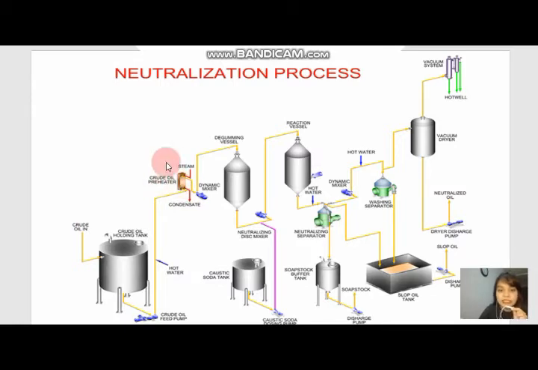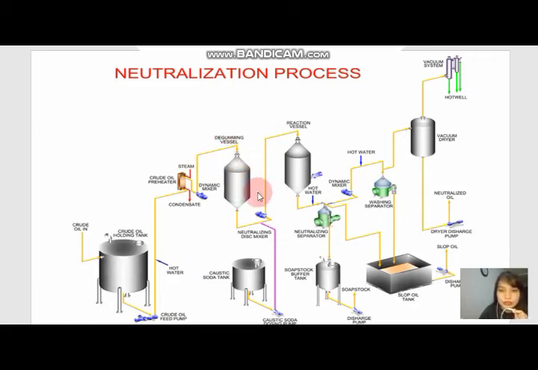This preheater is supplied by steam to increase its temperature, whereby the increase in temperature will separate the excess water as condensate, and the untreated oil will flow into the dynamic mixer, where this oil will then flow towards the degumming vessel.